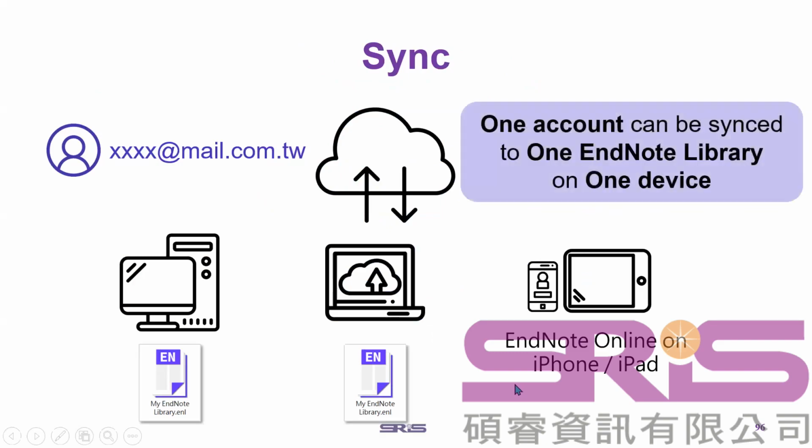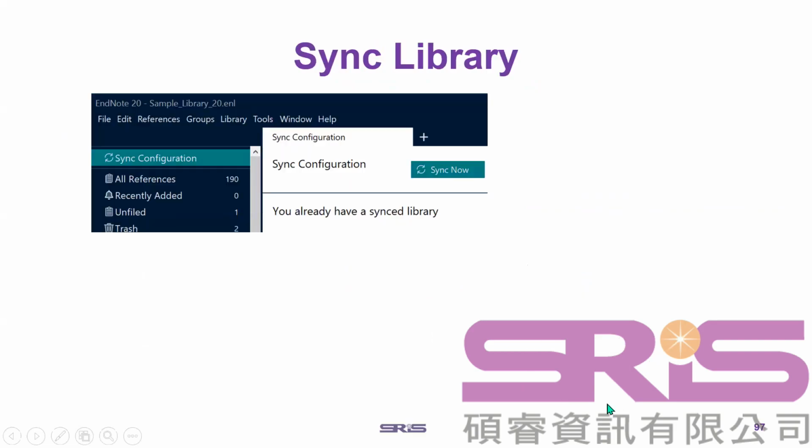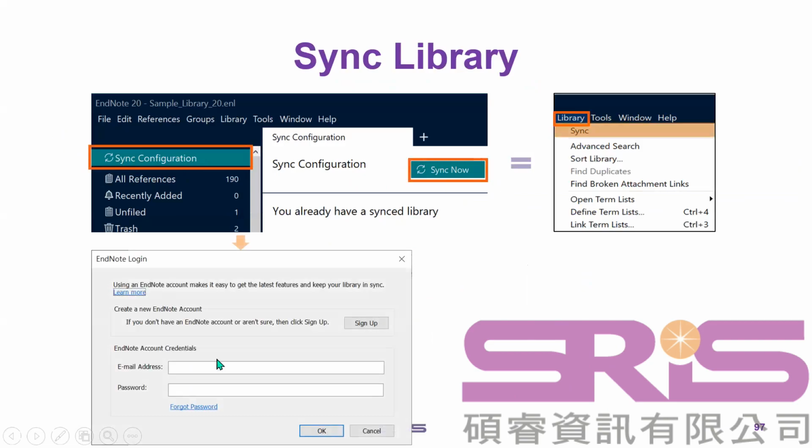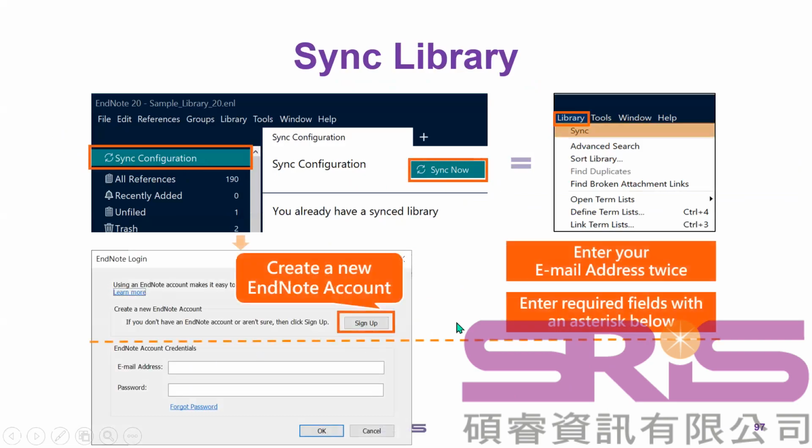You can also use your EndNote Online account from your iPhone or iPad. And just remember to click on Sync Configuration and Sync Now. Then here shows the EndNote login prompts. You can sign up one account here. Remember to enter your email address twice.